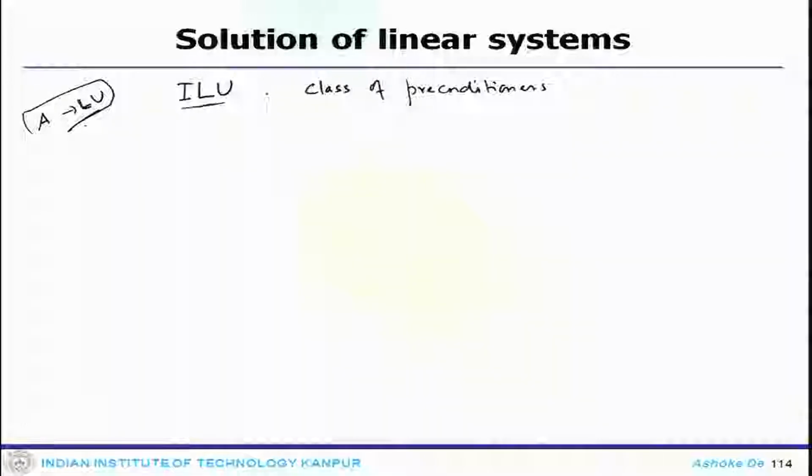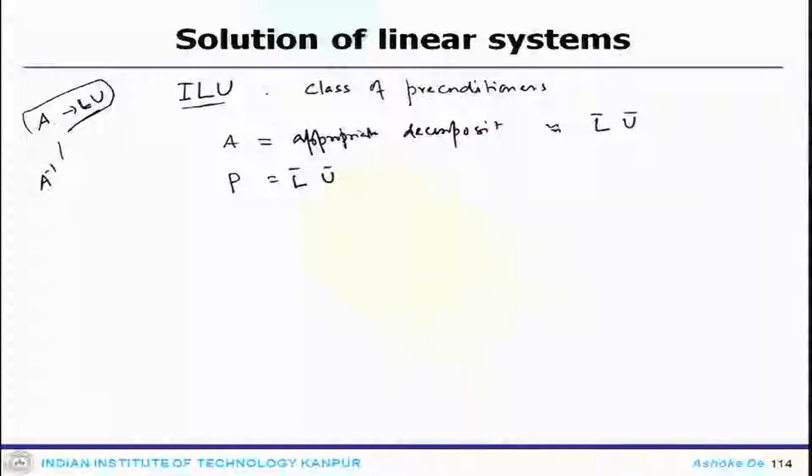Now, because a preconditioner is only required to be an approximation of A inverse, it is sufficient and also to some extent necessary to look for an appropriate decomposition of A such that you get L and U. Now, you can choose your preconditioner equals to L bar U bar, which leads to the efficient evaluation of the inverse of the preconditioning matrix P inverse.